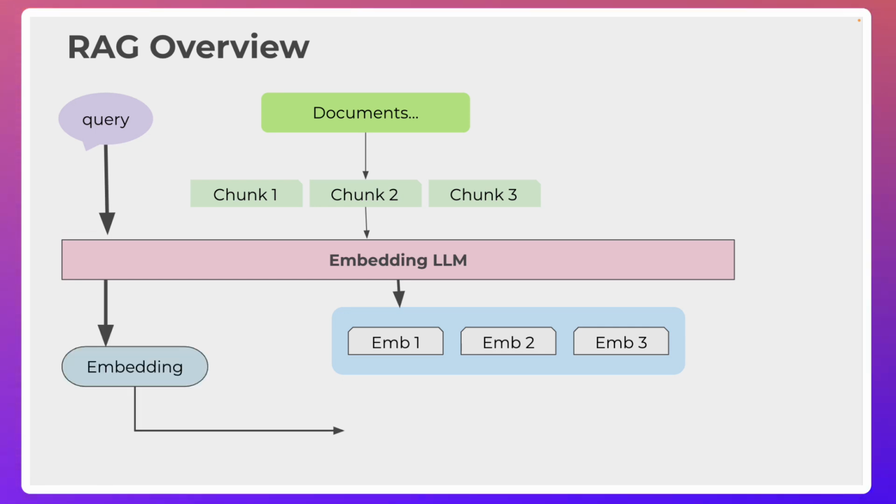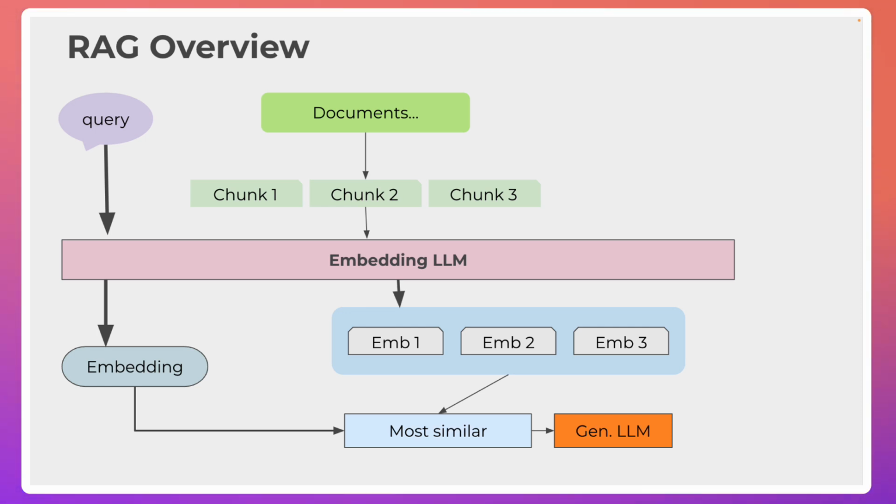This embedding is then used to find, in our retrieval system, our vector database, the most similar items, which are then pushed into a general large language model, which knows how to take that information, the most similar results, together with the question, the prompt, and get the response that we're looking for. So that is how a RAG works.